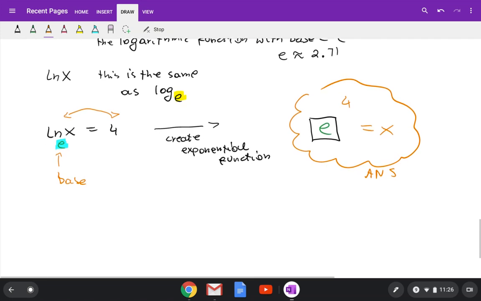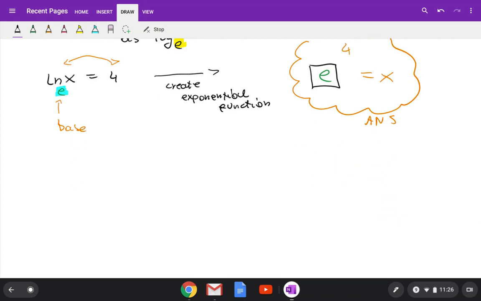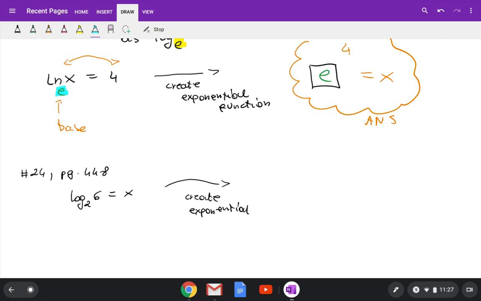And one more example like this, and I think we're good with those types of examples. This is number 24, again from the same page, which is 448. Change this logarithmic function, log base 2 of 6 equal x, to exponential. Always start by figuring out what the base is.